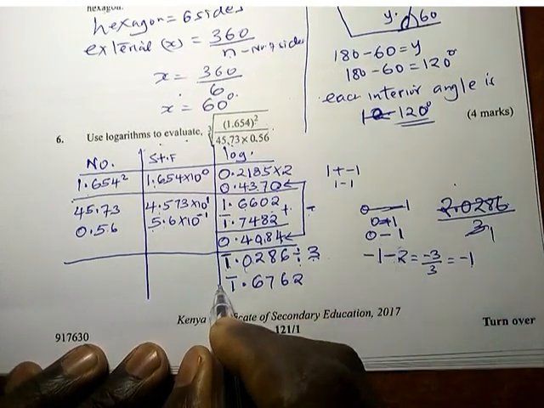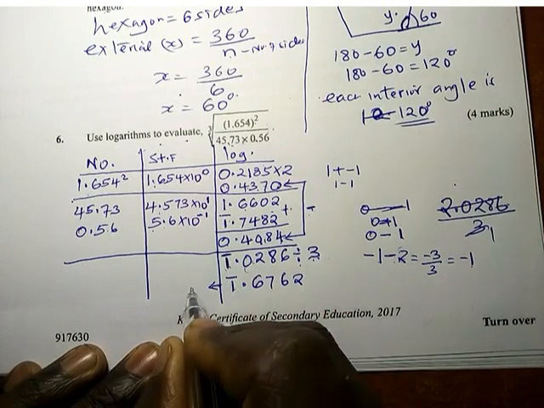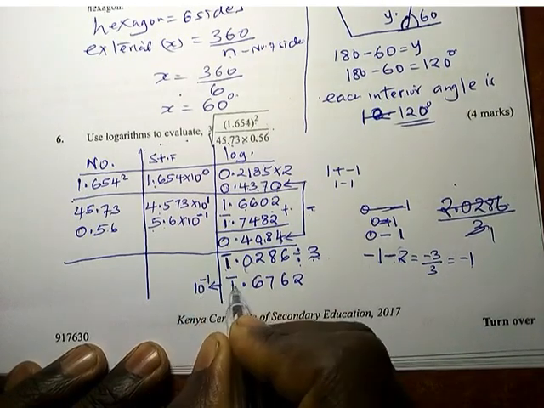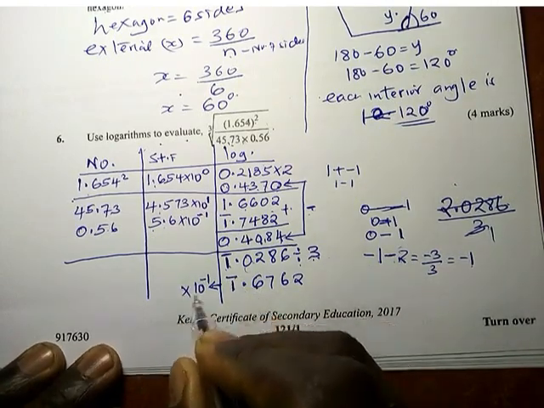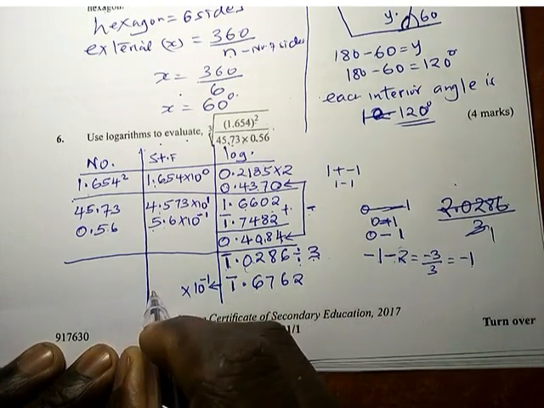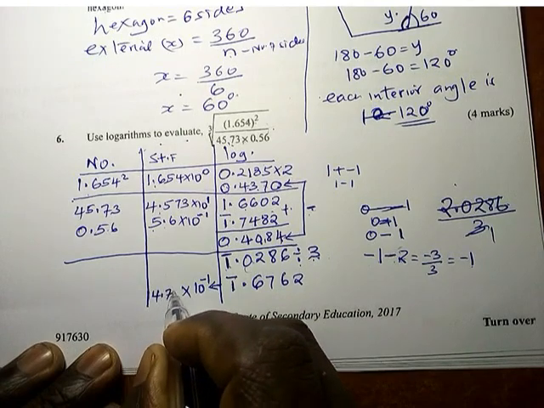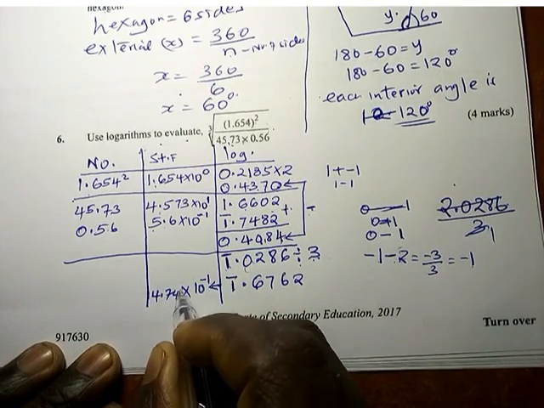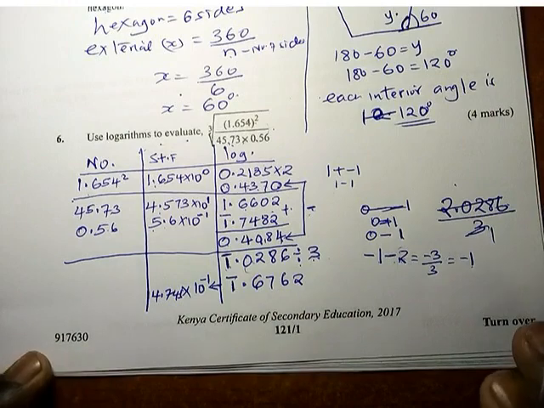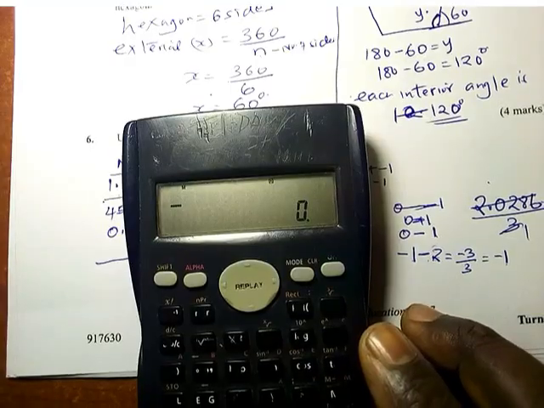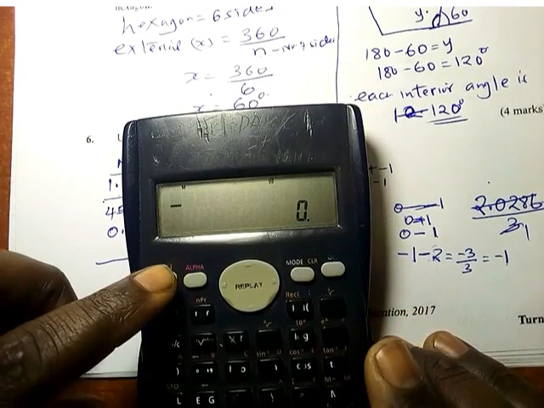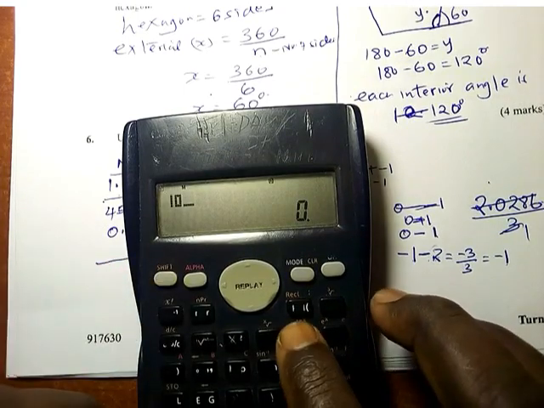Now we go back to the nth log. Tutakuwa na 10 raised to power negative 1. This stands for 10 raised to power negative 1 times the nth log of this, which is 4.745. So how do you use a calculator to get the nth log? Using a calculator, you press shift and then log.